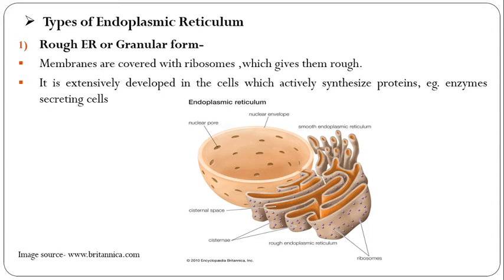The membrane is covered with ribosomes, which gives it a rough appearance, and it is extensively developed in cells which actively synthesize protein, for example enzyme secreting cells.